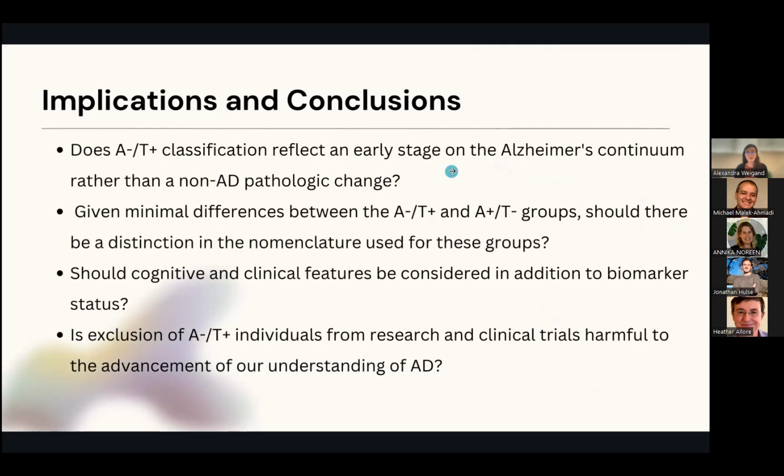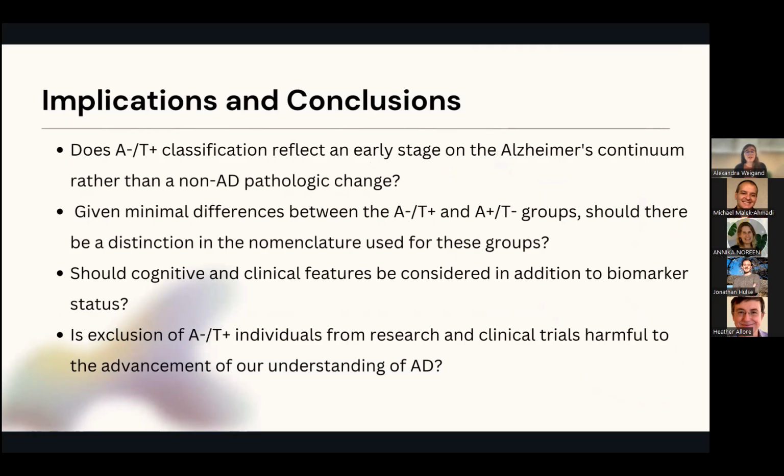So now some questions I want to leave us with. Does this A minus T plus classification reflect an early stage on the Alzheimer's continuum, or are they better characterized, as per the ATN scheme, as a non-AD pathologic change? And given minimal differences between the A minus T plus and A plus T minus groups, should there really be a distinction in the nomenclature used for these two groups?